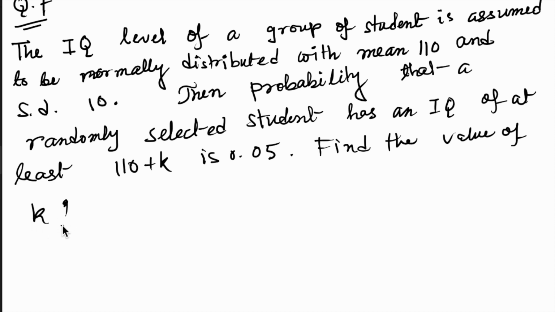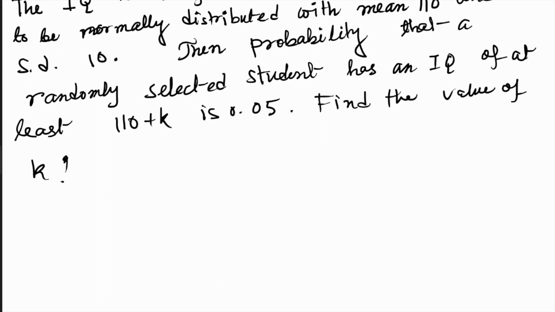So we have to find the value of k such that only 0.05 of the students have the IQ level above 110 plus k. The random variable X is the IQ level, and it is distributed normally. So we have to calculate the probability that X is greater than or equal to 110 plus k.